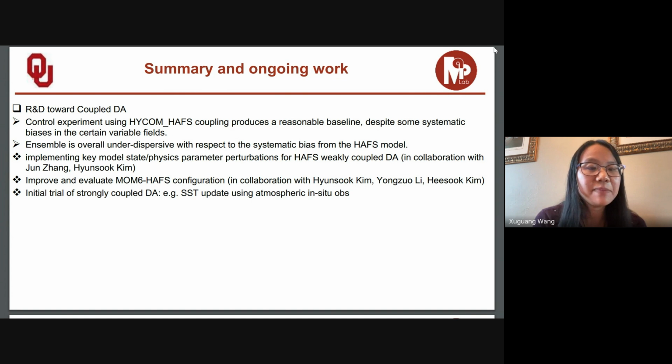We'll look into the impact for weakly coupled DA first. We're also working with Hansuk, Yunzuo, and Hisuk to further evaluate the MOM6 HAFS configuration. So we start with weakly coupled DA, but we eventually would like to start some initial trial of strongly coupled DA, starting with something simple like updating SST by using the atmospheric in situ observations.